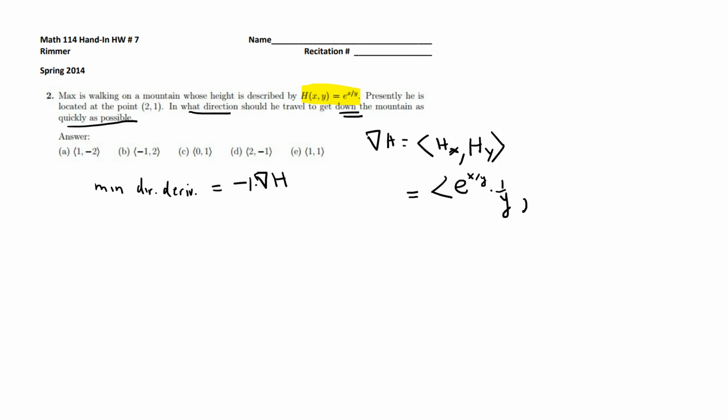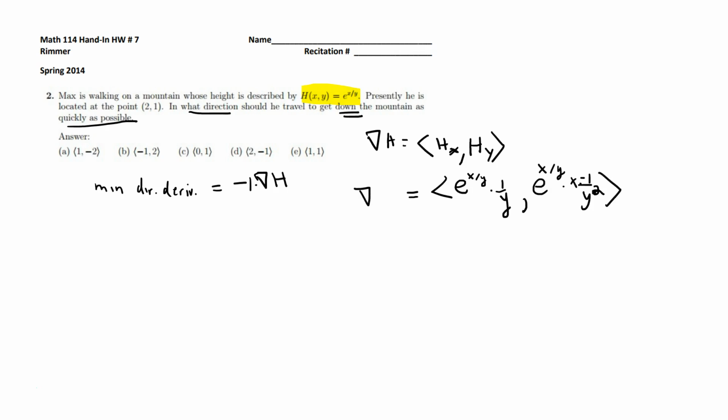The j component is the y partial, e to the x over y, and then we multiply by x over y's derivative with respect to y. You keep the x, and 1 over y's derivative is -1 over y squared.